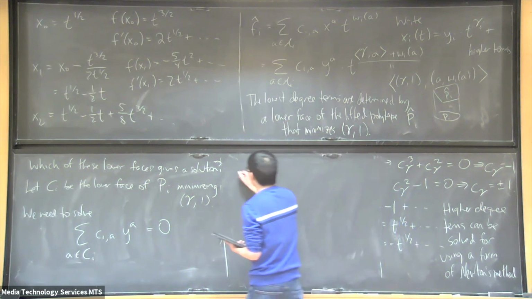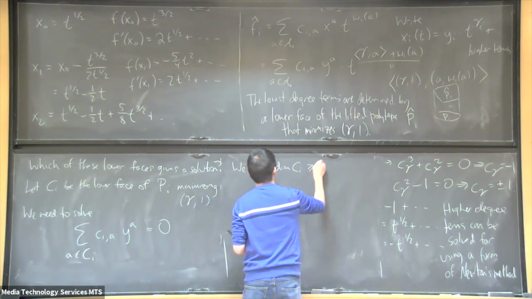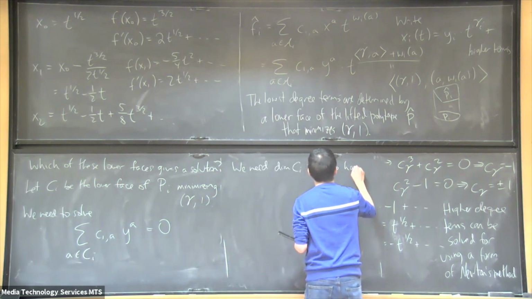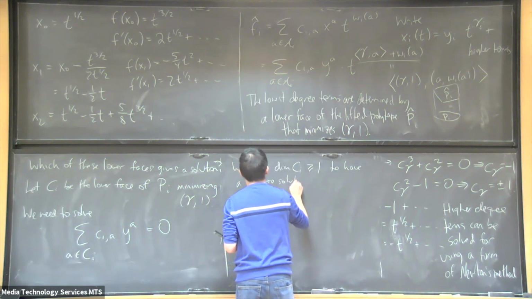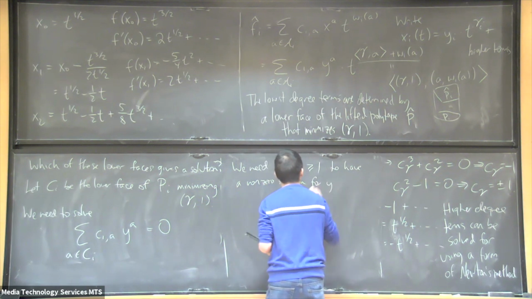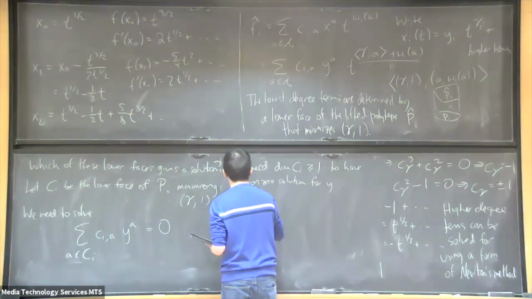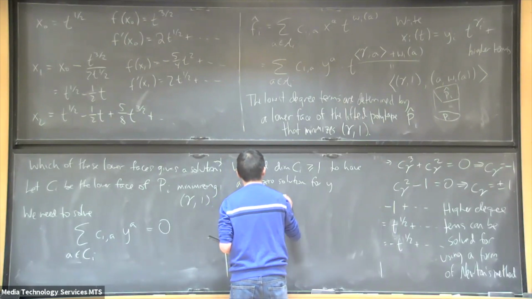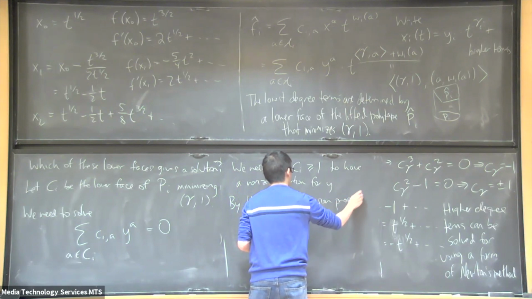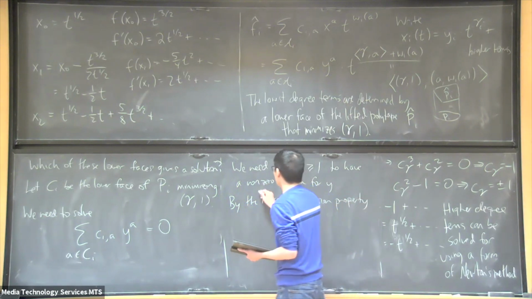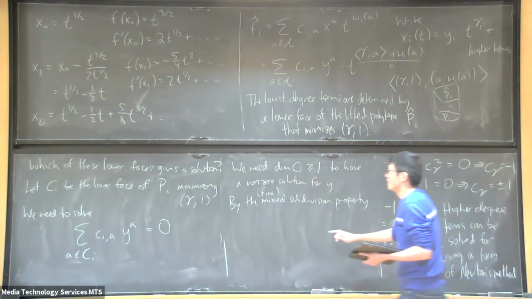So we need dimension ci to be at least 1 to have a non-zero solution for y. And then by the mixed subdivision property, I'm actually going to sneak in an extra condition here, which is called being a fine mixed subdivision.